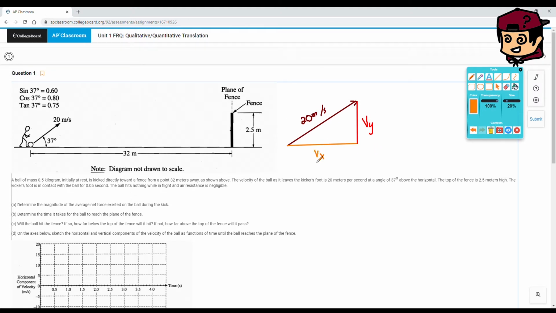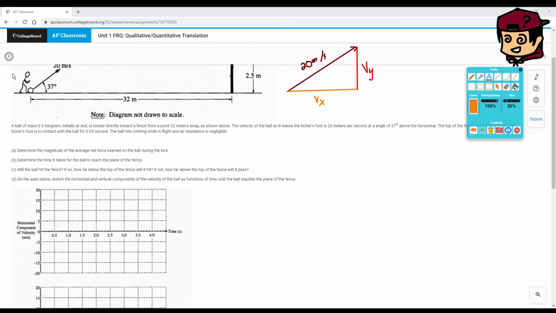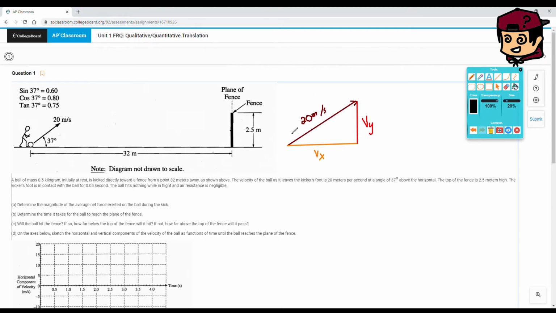Fantastic. We know that here, this angle, 37 degrees, which means velocity x is going to be 20 cosine 37, and velocity y is going to be 20 sine 37, right?